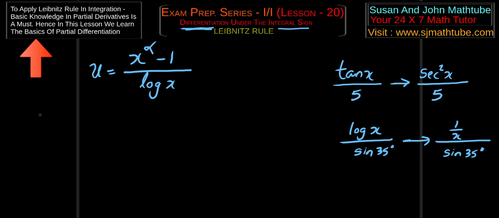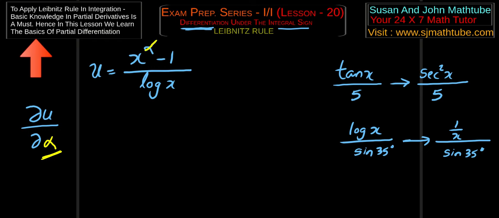Okay, with this knowledge, I am going to find the partial derivative of u with respect to alpha. So look at this, I am going to find the curly d, and when I find curly D, I'll be interested in this part. And that part told me alpha is the only variable.